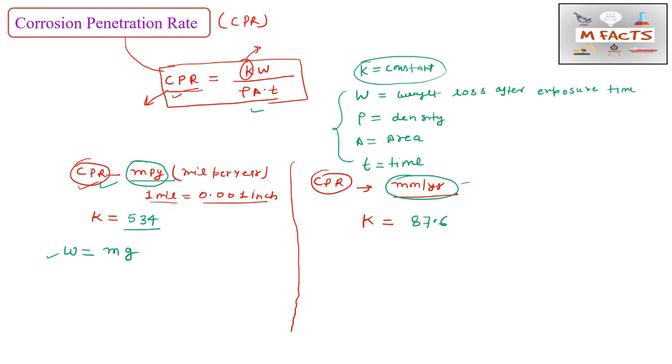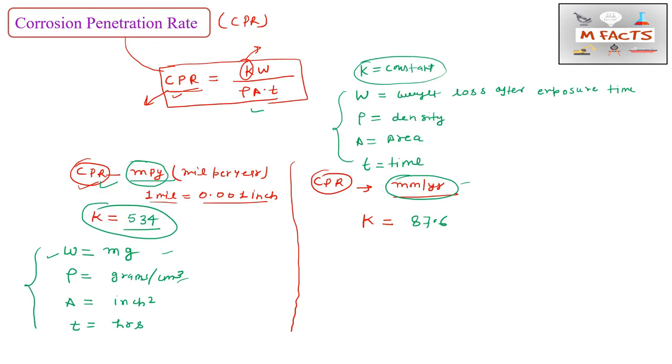W is in milligrams, rho must be in grams per centimeter cube, and area will be in inches square. We cannot change these units because the K value depends on these units only.